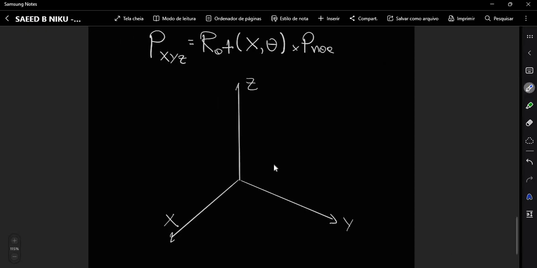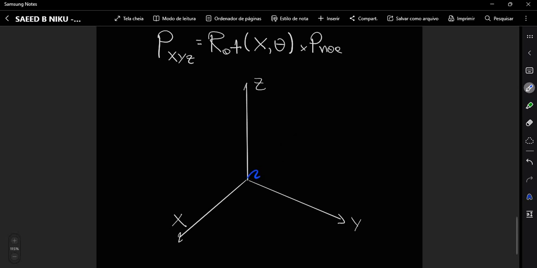And let me draw here. And doing this, I'm gonna be able to explain to you the pure rotation movement. You're going to see how it's done.